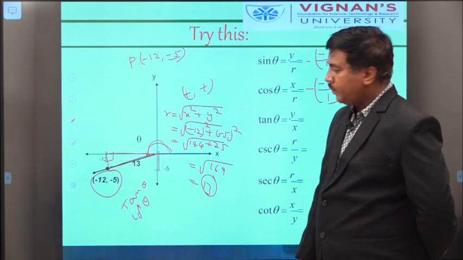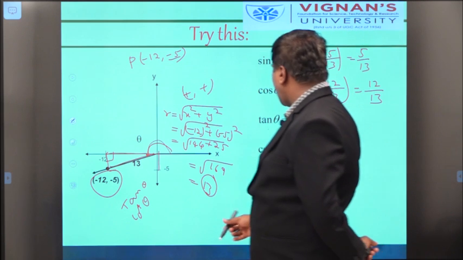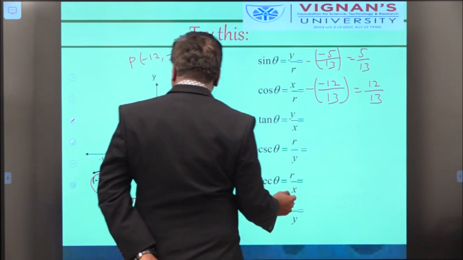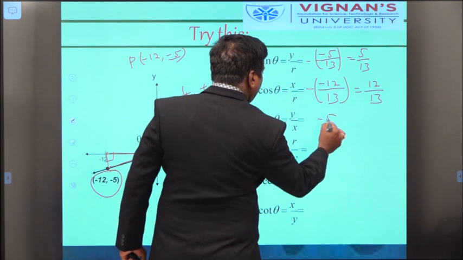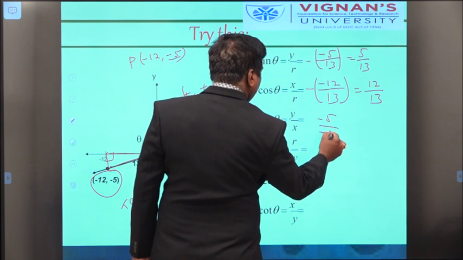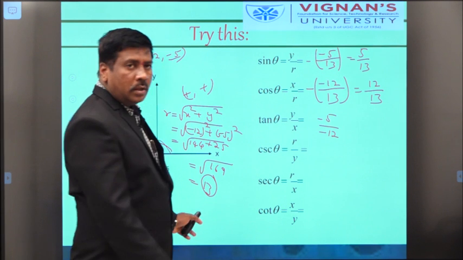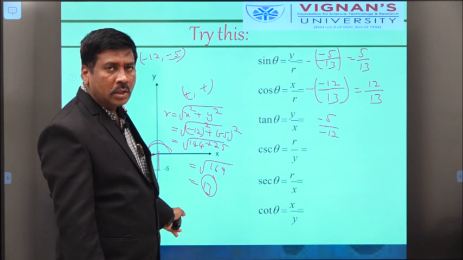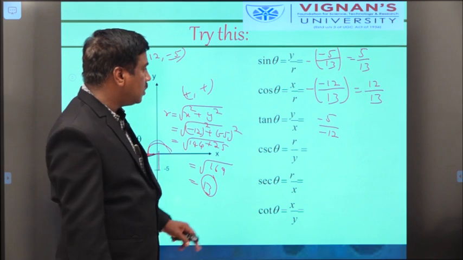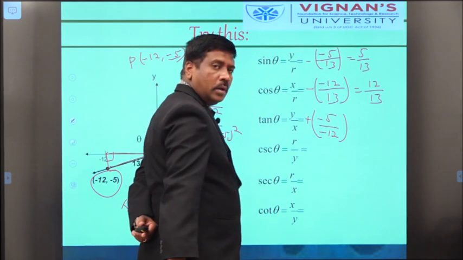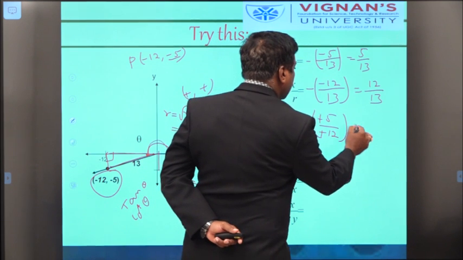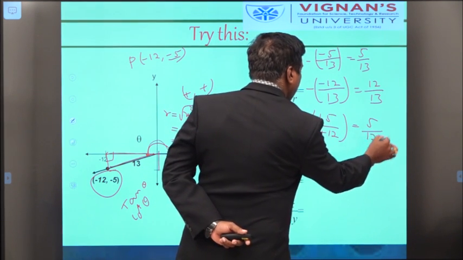Whereas tan theta equals y by x, which is minus 5 by minus 12. Because the point lies in the third quadrant, where tan and cot are only positive, the minus signs cancel, and tan theta equals 5 by 12.